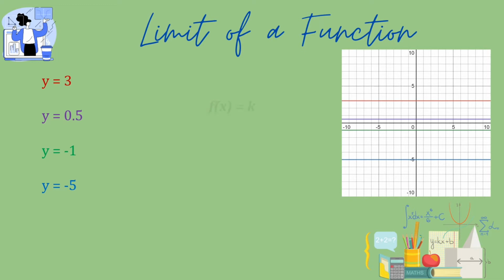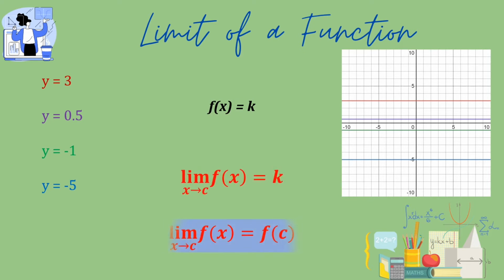For each function, you can clearly see from the graphs that y will approach the same value whenever x approaches any value. This means if f of x is any constant k, then the limit of f of x as x approaches c is equal to k, wherein k is the function value f of c.